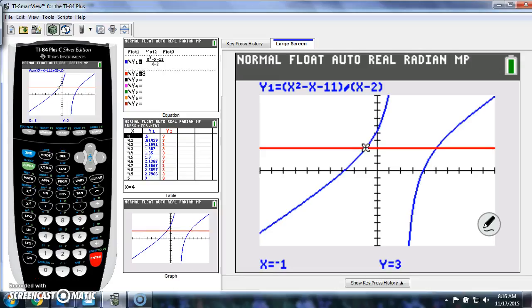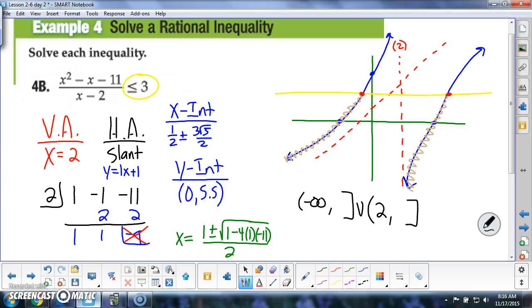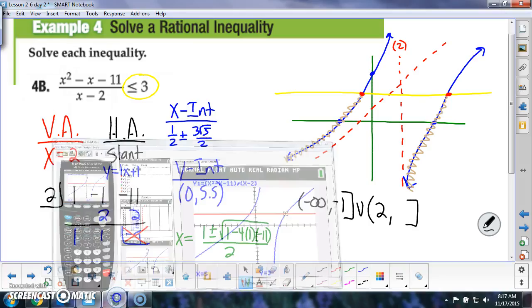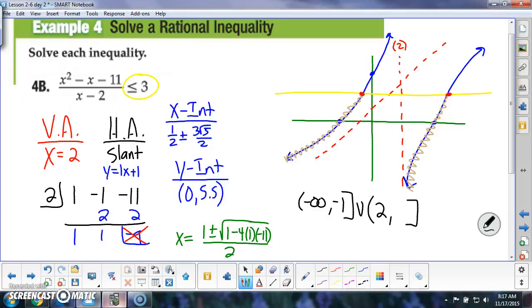Sure enough, it is crossing at -1. Therefore, we'll need a -1 right here. And then over to the right, it appears to be crossing at about 1, 2, 3, 4, 5. So let's type in 5, press enter. Sure enough, it is crossing at 5. And so there are the values that are below the horizontal line at 3.